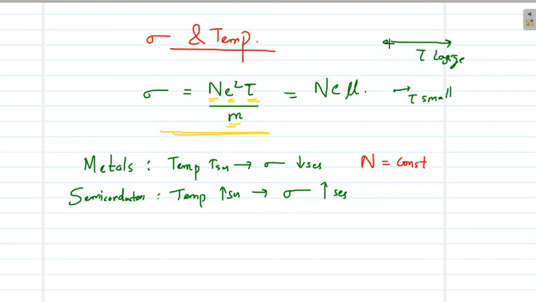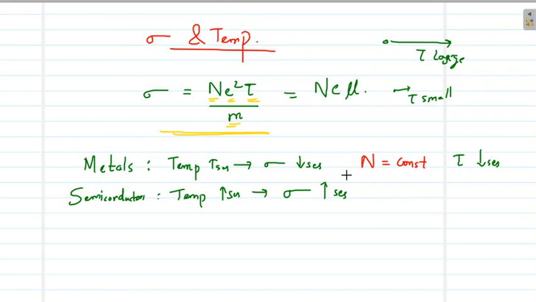So tau is inversely dependent on the average distance traveled or number of collisions. So when temperature increases, we know electrons will be moving fast and will be undergoing many more collisions. That means as temperature increases, tau decreases.